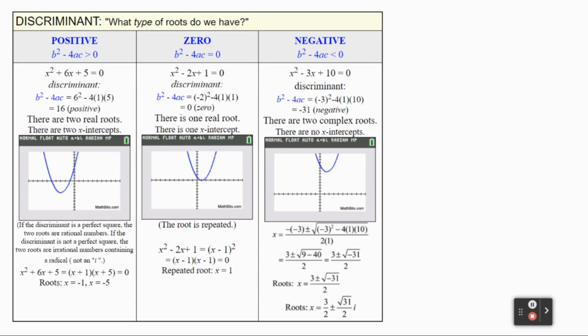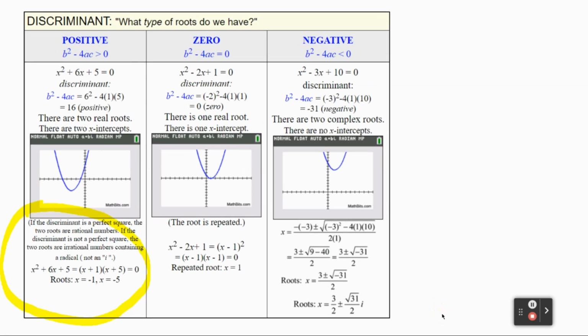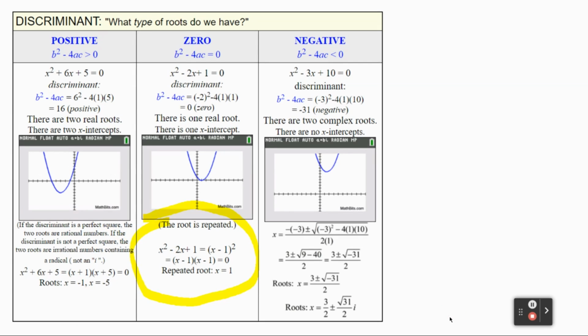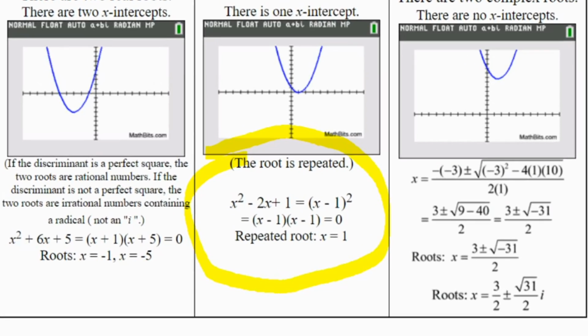If it is positive, that means you will have 2 real solutions. In this case, the solutions of this graph are negative 1 and negative 5. Those are the x-intercepts, and you can see that on the graph. Now, sometimes you will have a repeated root. In other words, it's actually a perfect square.